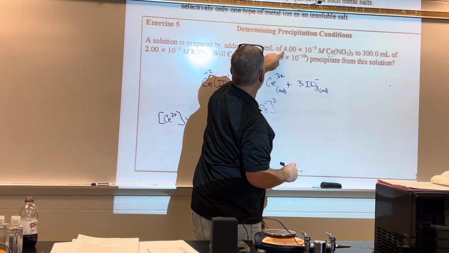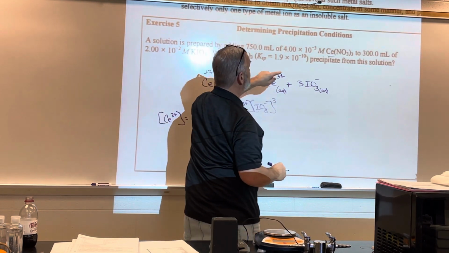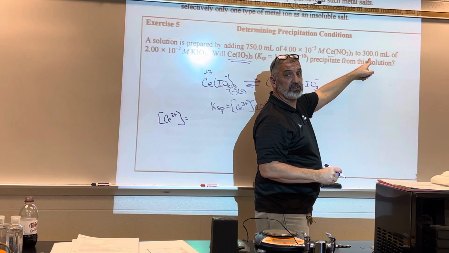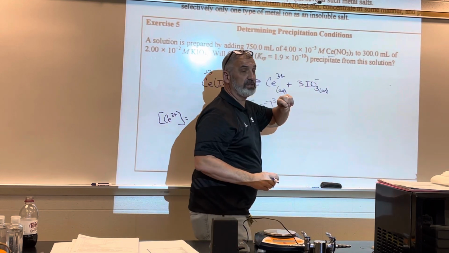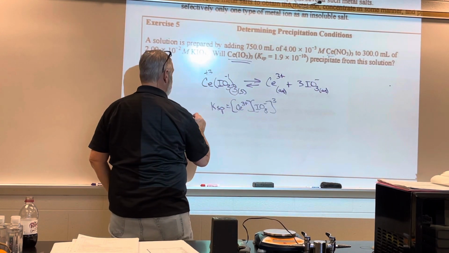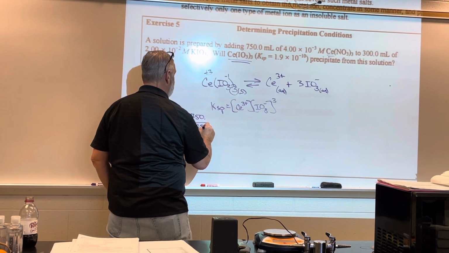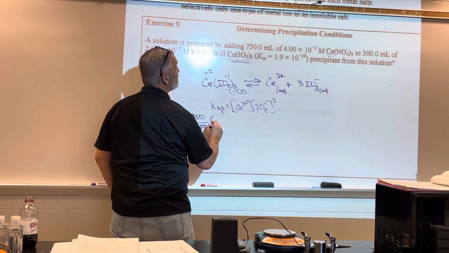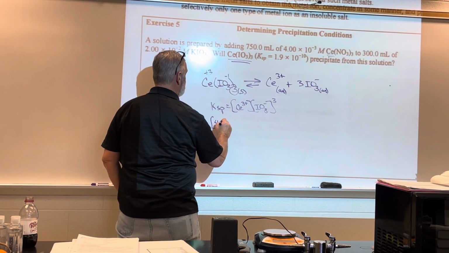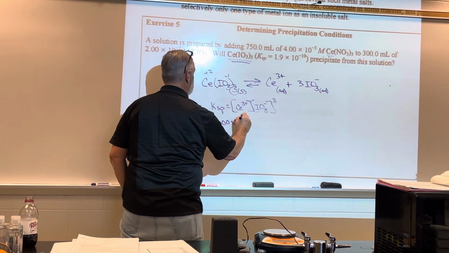So I'm going to go 750 milliliters, but I'm adding it to 300 milliliters. So what's my total volume going to be? 1,050, so it's going to be 750 divided by 1,050th of the original concentration, which is 4 times 10 to the minus third.